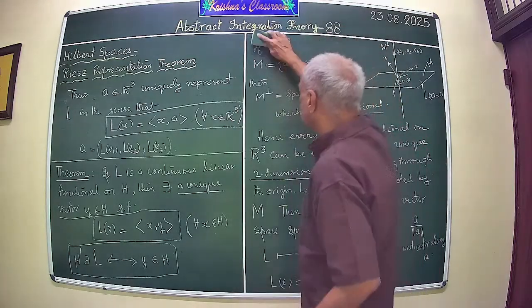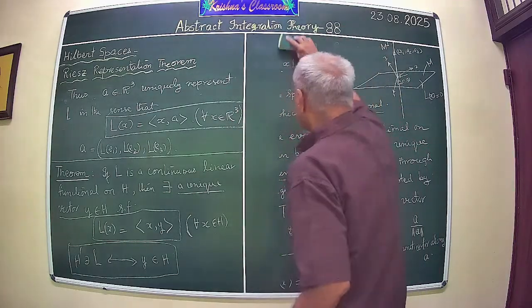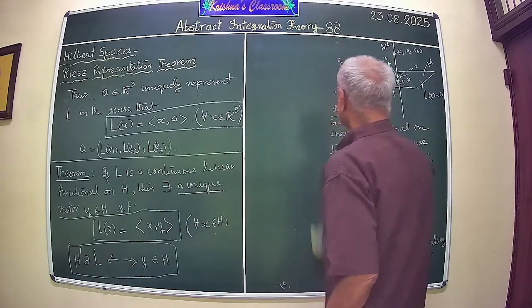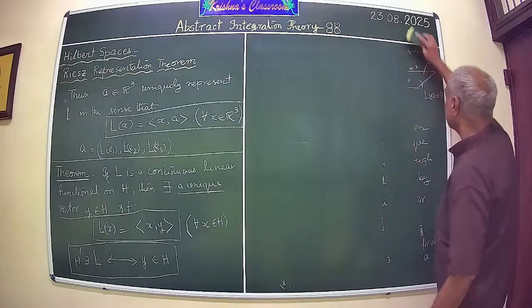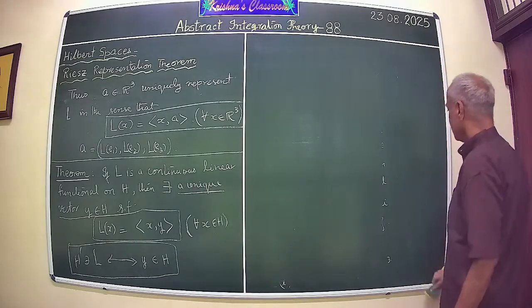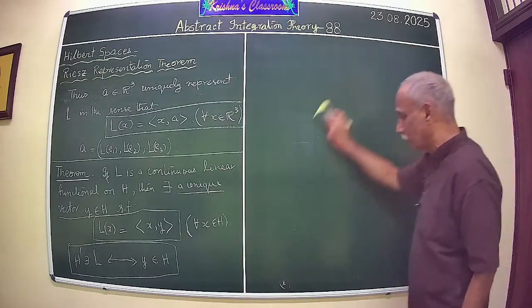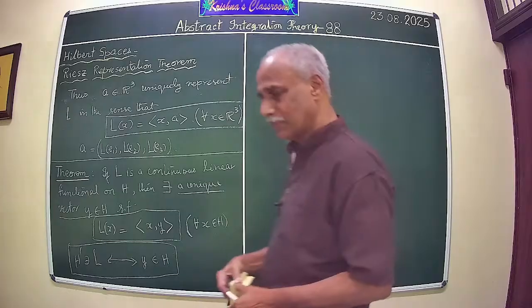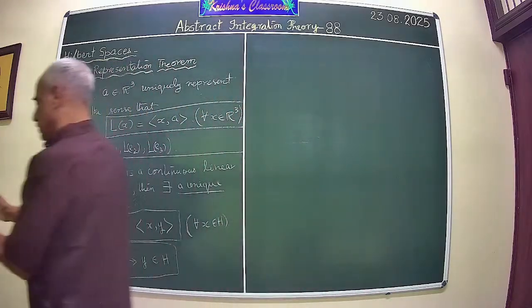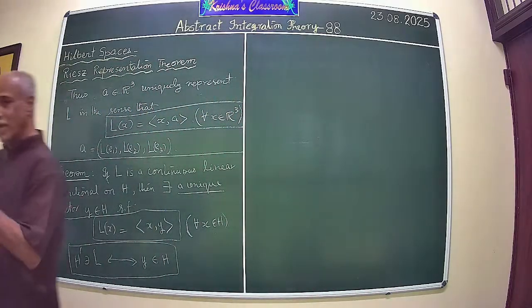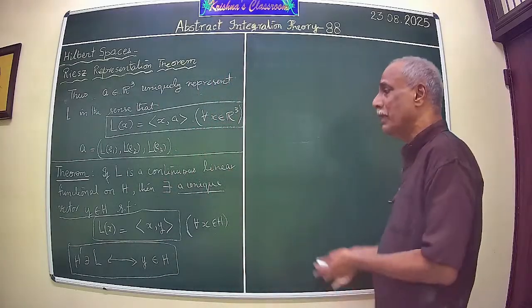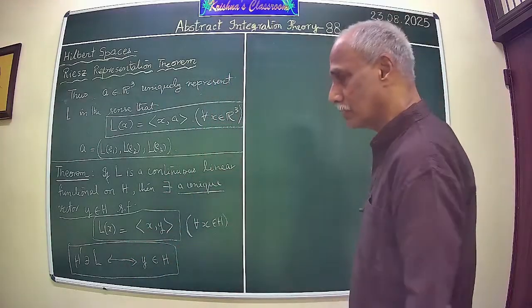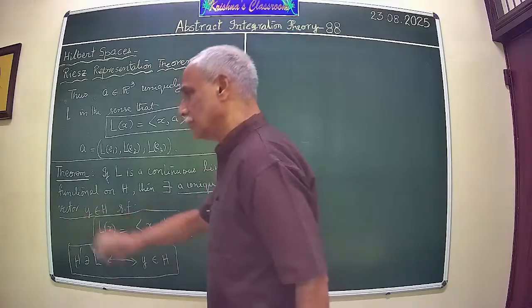Okay, let's move on now. Now you know what to expect. Which vector is to expect, or where do you search for this vector? So the problem is now, see, given a vector in H, you can immediately write down a continuous linear functional through this formula.